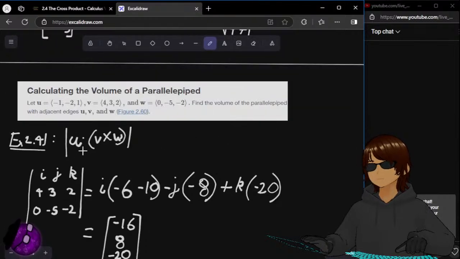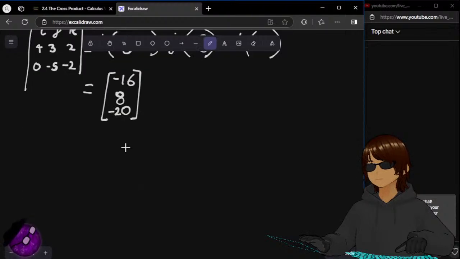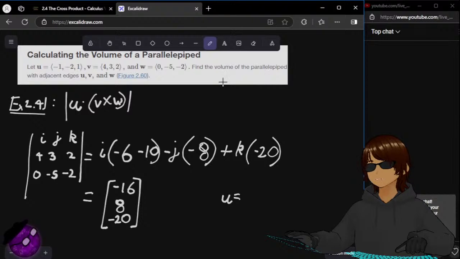And then we have U dot this, right? U is minus 1, minus 2, 1.